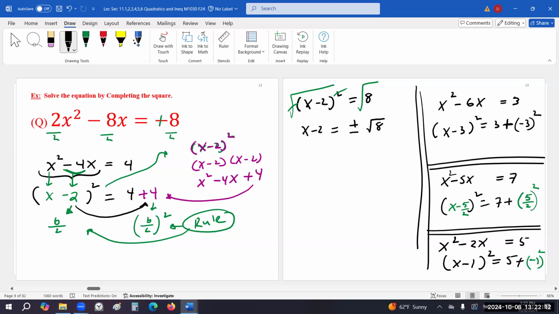We don't know what the square root of 8 is, right? Can you break it down? What two numbers? 4 and 2. In other words, it's plus minus 2 square root of 2.